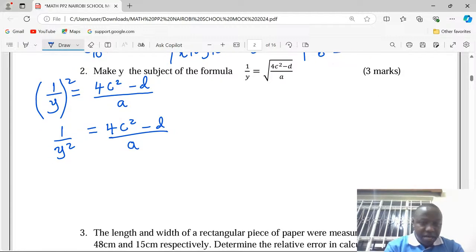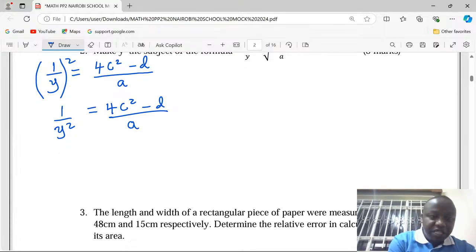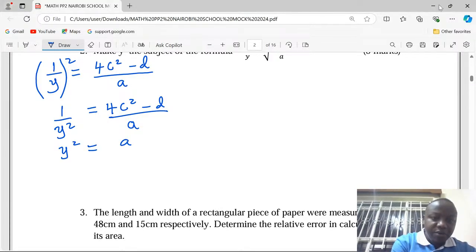Beyond this, there are many ways through which you can maneuver, but allow me to say that if 1 over y squared equals 4c squared minus d divided by a, then we can take reciprocals both sides and have y squared equal to a over 4c squared minus d.